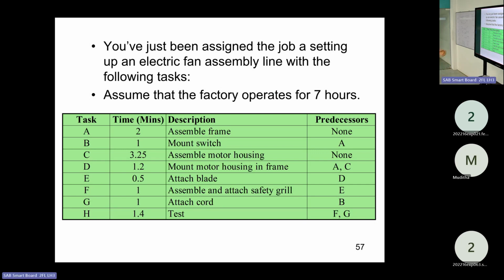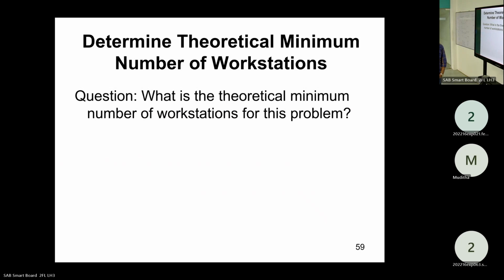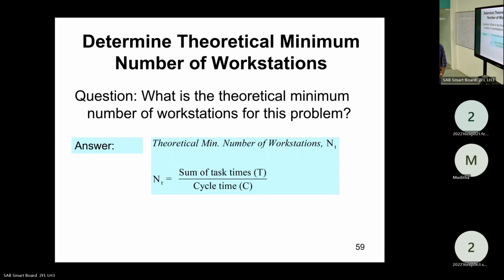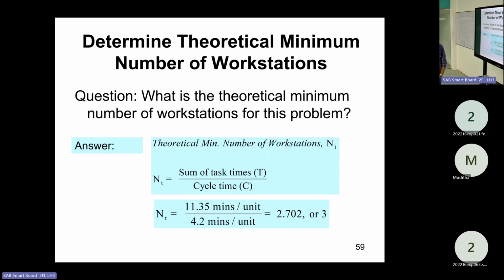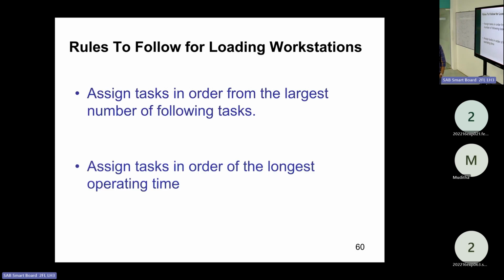So at home, just try to develop the precedence diagram, calculate the required cycle time and the theoretical minimum number of workstations, and then consider these Simon rules.